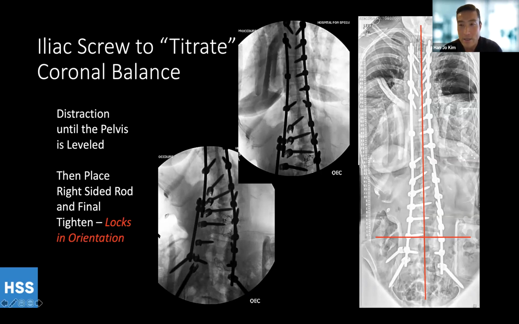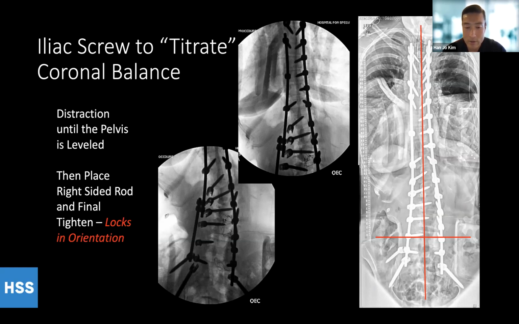So Larry Lenke talks about this, calls it the kickstand rod, but I learned this technique actually a really long time ago from Dr. Ohenaba Boachi. He used to do this for Isola constructs because the screws that they used back then were not as advanced as now.